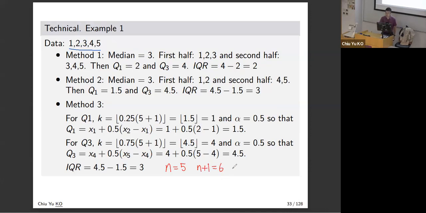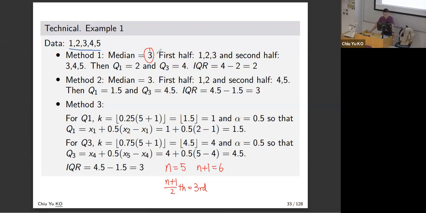The median will be exactly the (n plus 1) over 2 guy, which is the third guy. So x3 in this example is just 3. I made it easier. That's exactly why it's 3 here. Make sure you get it right.